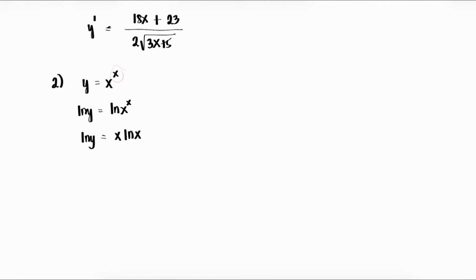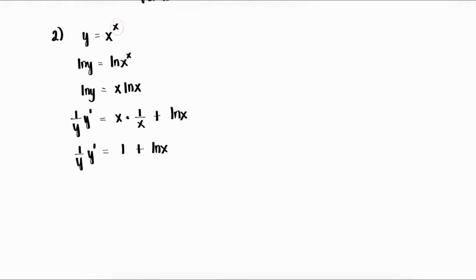Differentiating, that's 1 over y times y prime equals x times the derivative of ln x, which is 1 over x, plus ln of x, and the derivative of x is equal to 1. So that is actually equal to 1 plus ln of x.